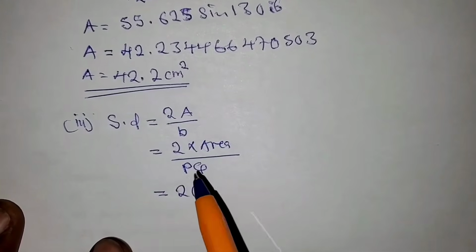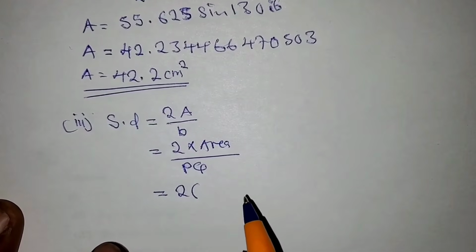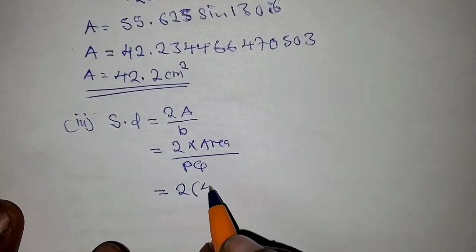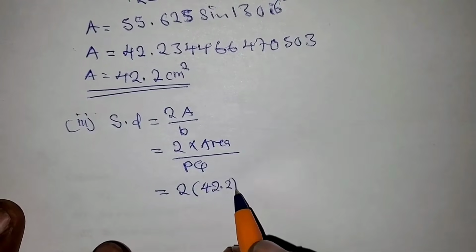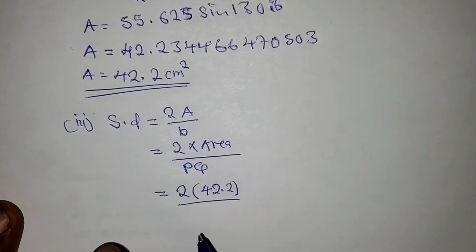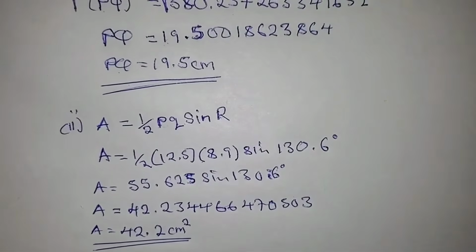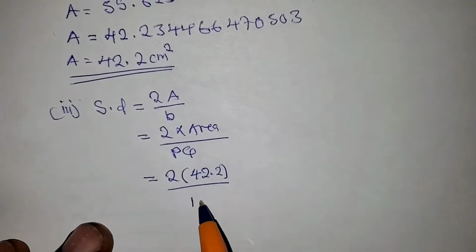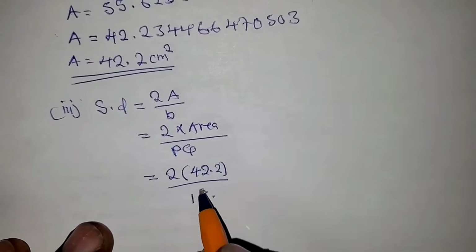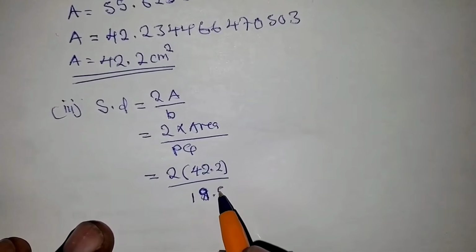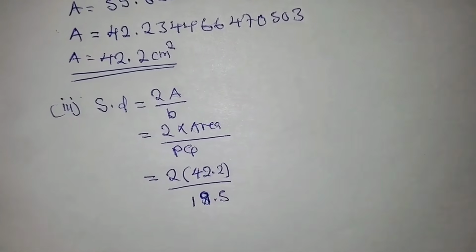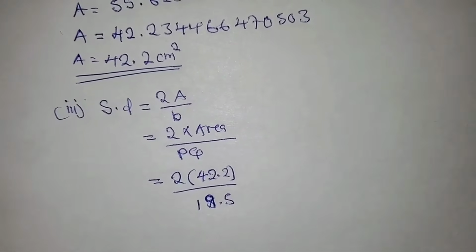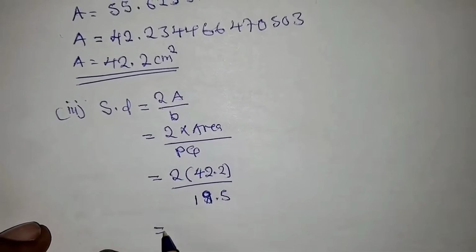So 2 times the area is 42.2, then PQ is the base. The distance we've calculated here, 19.5. So we're going to substitute here with 19.5. Then let's punch everything on our calculator.